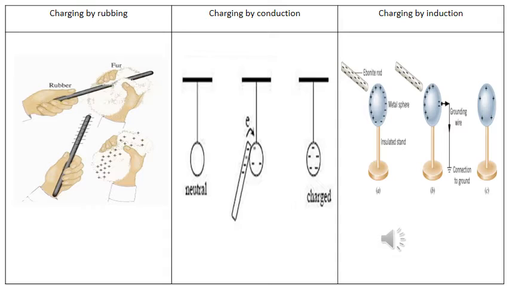In this chart, the three methods of charging of a body are shown by figure, and in upcoming slides, the three methods of charging of a body are explained by video.